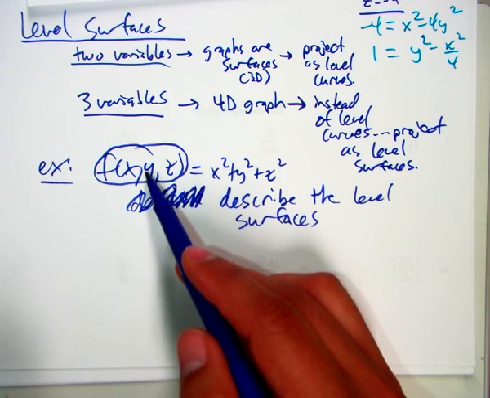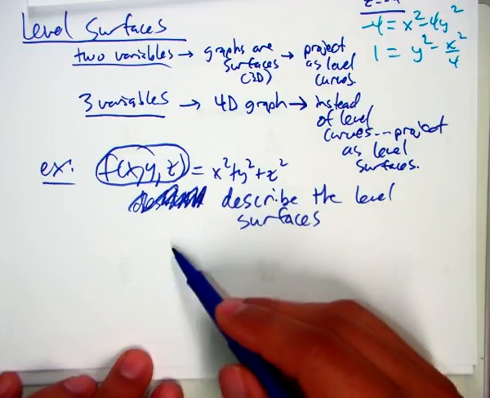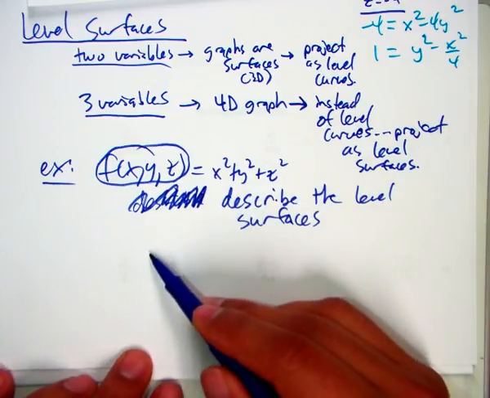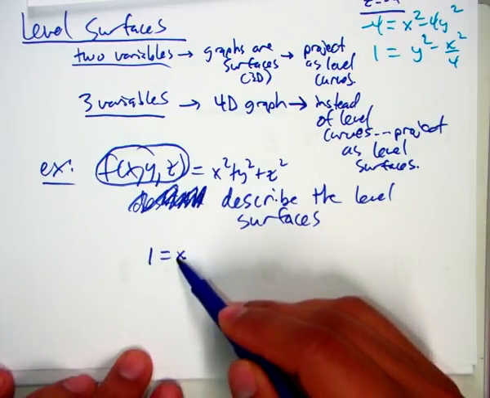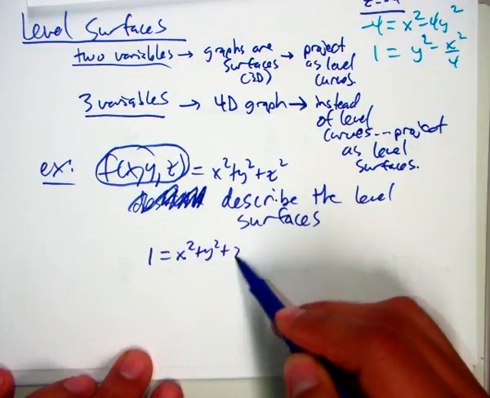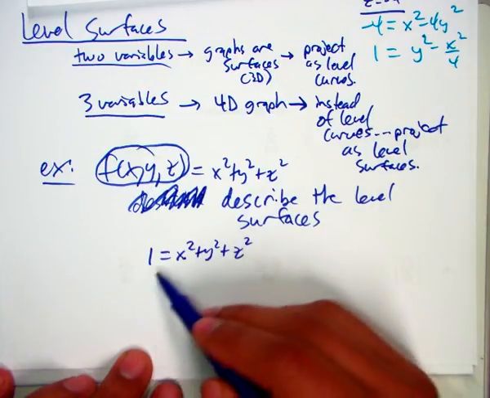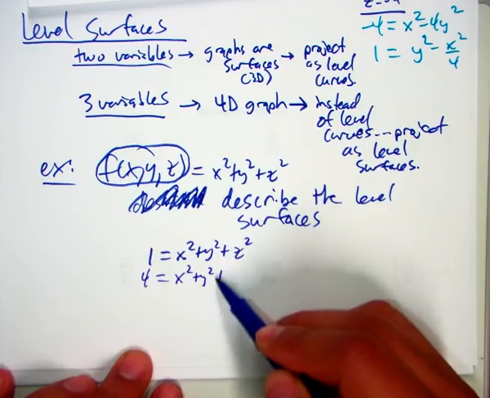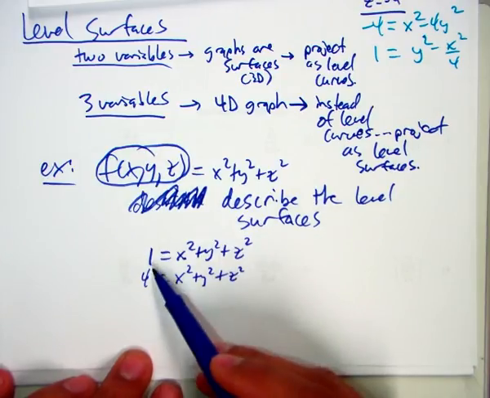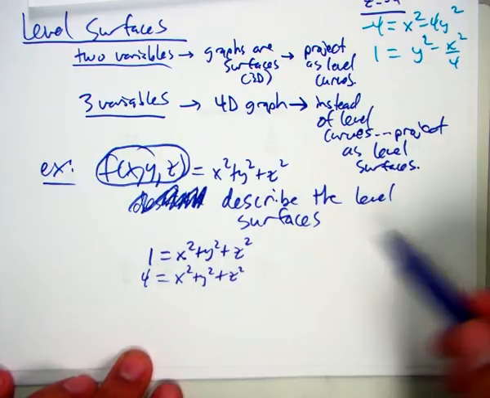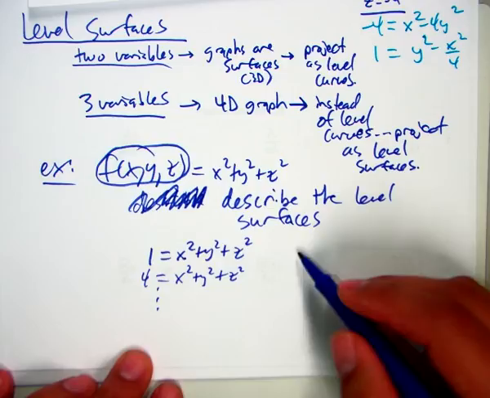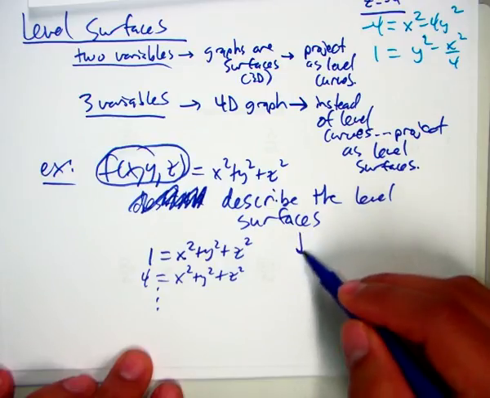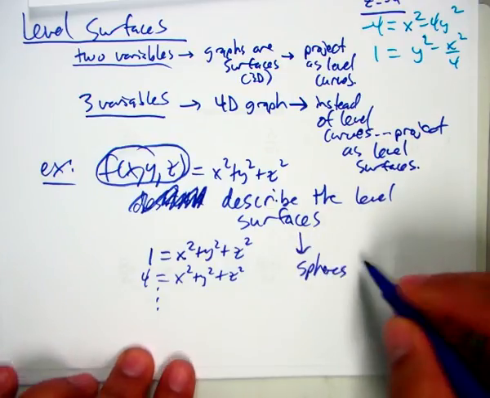So if you plug in something like 1, right? What do we get? A sphere. If I plug in 4, another sphere, right? I can't have really any negative values, okay? So in general, we can say that the level surfaces are spheres centered at the origin.